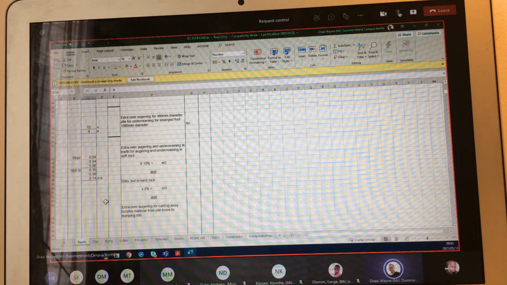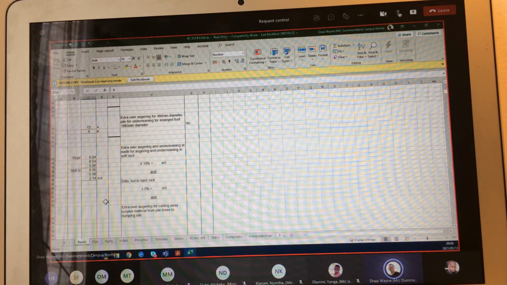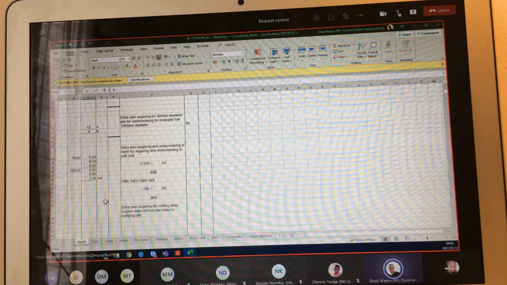The contractor will allow, and hence we are measuring that as extra over augering and under reaming in earth for augering and under reaming in soft rock. Whatever the volume is will be times 10%, and ditto, but in hard rock it is times 5%, because it's 5% that we need to allow for.